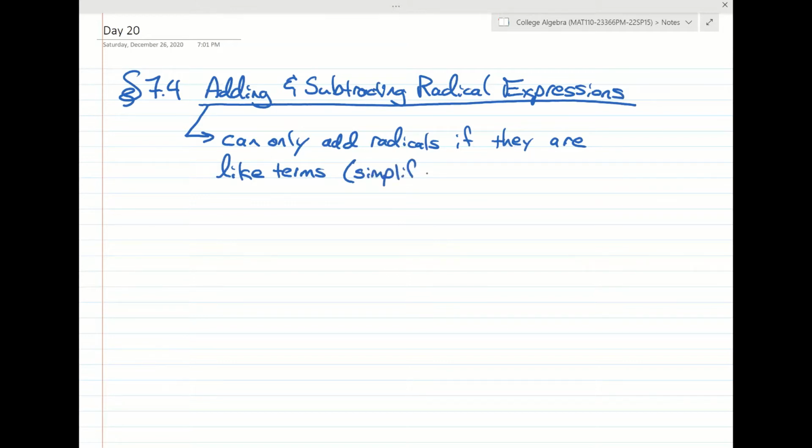This is what's meant by simplifying. The question is, what makes a radical a like term? A radical is a like term if they have the same index and if they have the same radicands.